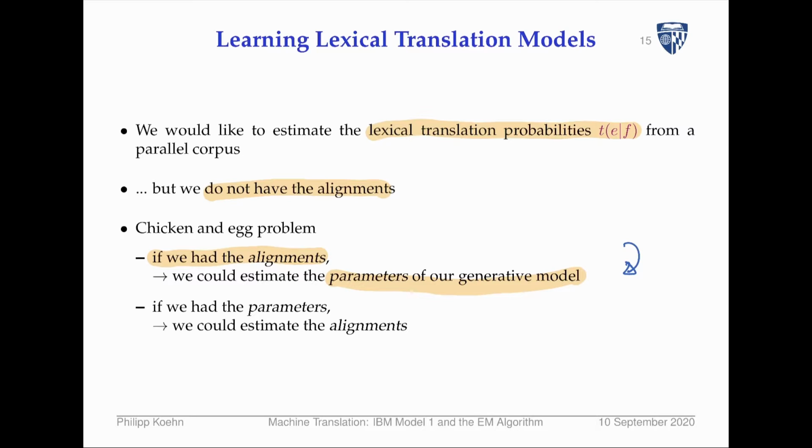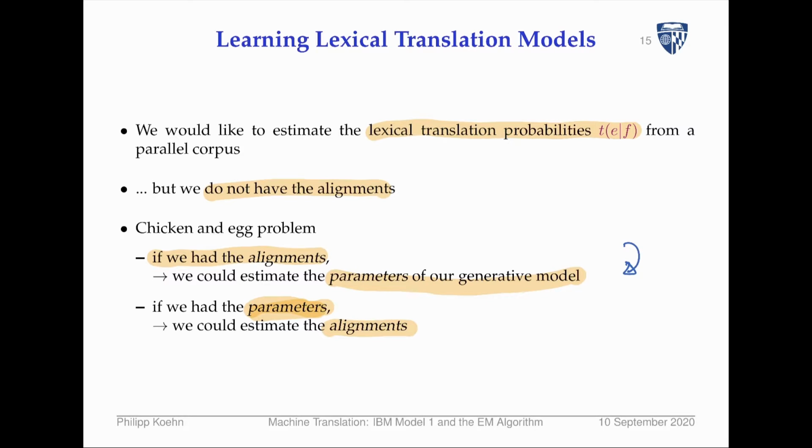On the other hand, if we had these parameters, so in this case, we know for each word what are the most likely translations, then we can estimate the alignment. So we can just say, let's go through the English sentence and just pick for each English word the most likely German word and draw that alignment link. So that way, if we have a model, we can actually create this kind of data.